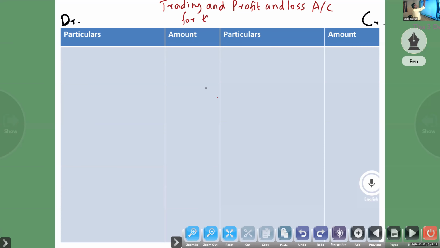Normally for this chapter it will take minimum 1 month, but our students are brilliant students, so that's why I could complete it within 1 or 2 weeks. Okay.